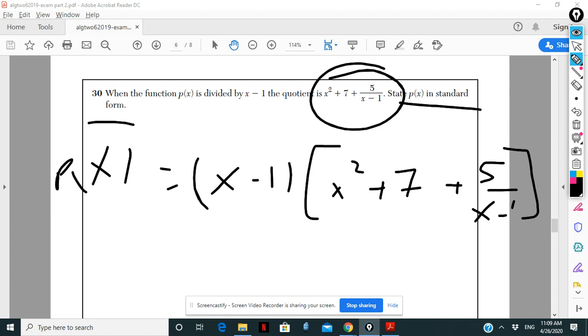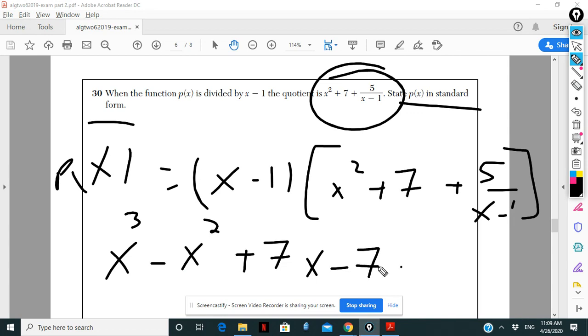Okay, so I have to multiply by x plus 1. So when I do that, I'm going to have x cubed minus x squared plus 7x minus 7 plus 5.